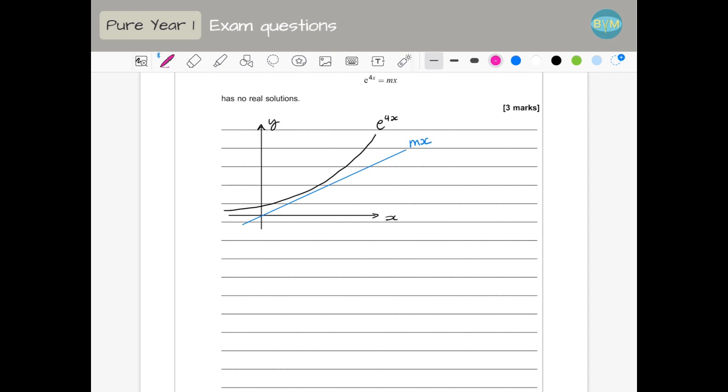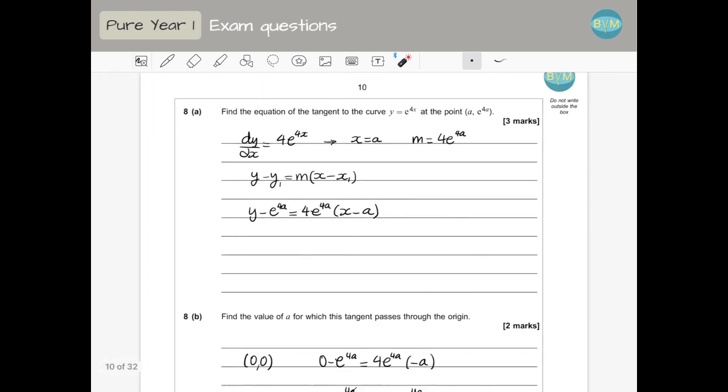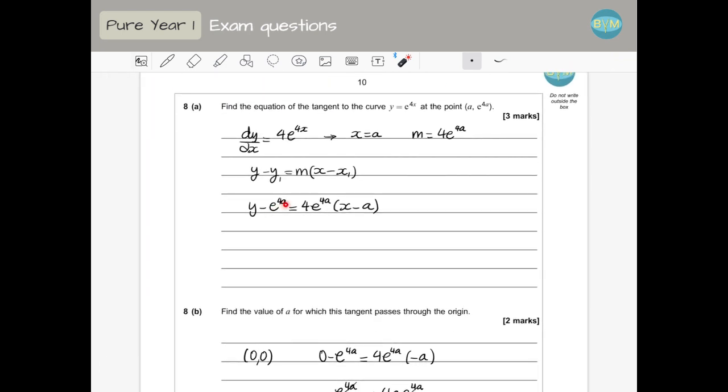So let me rewrite the equation of the tangent. The tangent at the origin is just substituting a by 1/4. So 4 times 1/4 is 1.